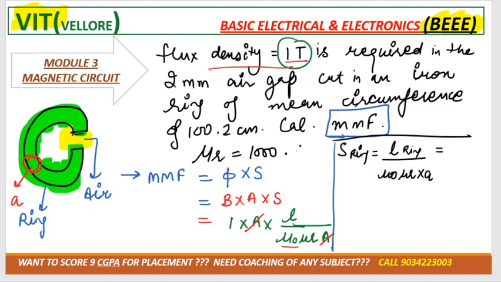Now see, the length of the iron ring: the complete circumference is 100.2. From this, the air gap is 2 millimeter, as they have mentioned.